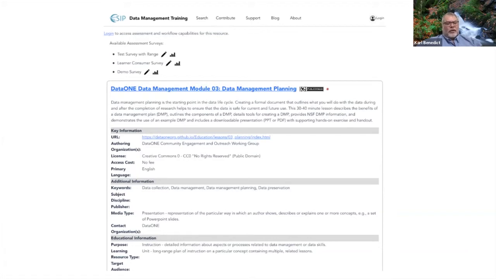One of the capabilities we've developed is the capacity to have multiple surveys associated with an individual learning resource, or the ability to reuse a set of survey questions across multiple learning resources.